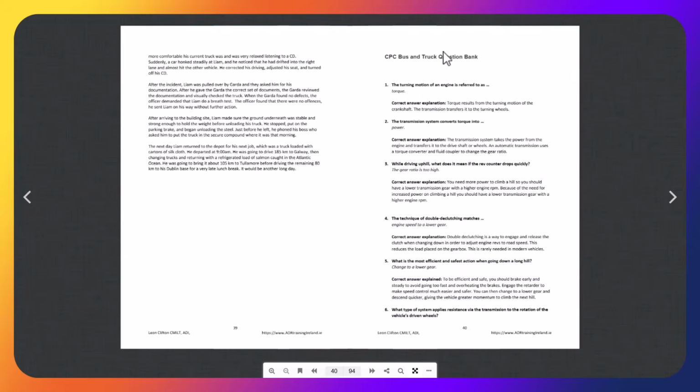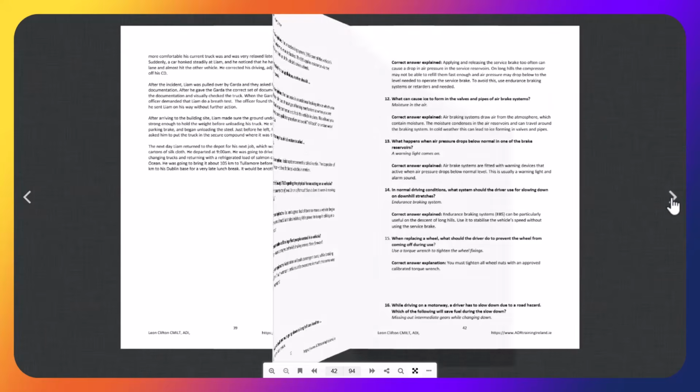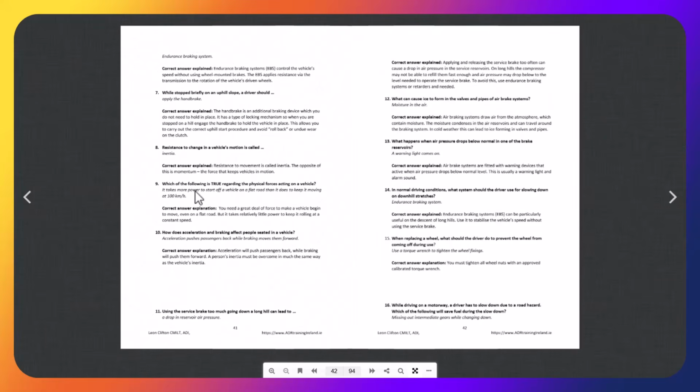So here's CPC bus and truck questions. I'm skipping on the pages here. Let's see, which of the following is true regarding the physical forces acting on a vehicle? It takes more power to start off a vehicle on a flat road than it does to keep it moving. So that's true. You need a greater force to break that inertia from a standstill to move.